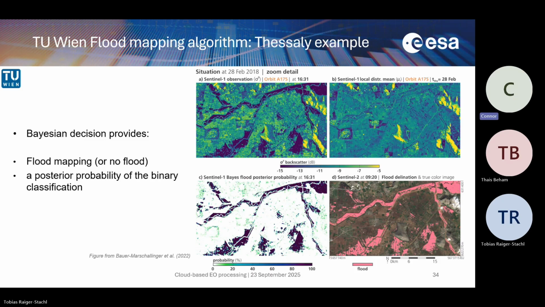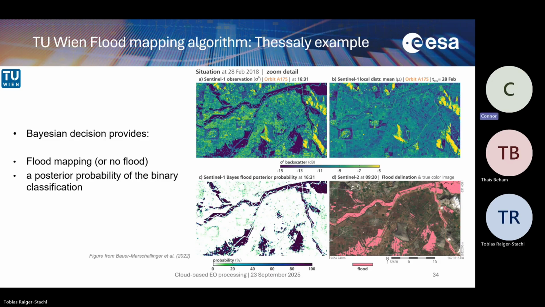Next one. And that's an example. We are in Greece, the 2018 Thessaly flood, and here you see the Sentinel-1 observation during the flood. You see a huge contrast between land and flooded water. This is the average behavior from the harmonic model.